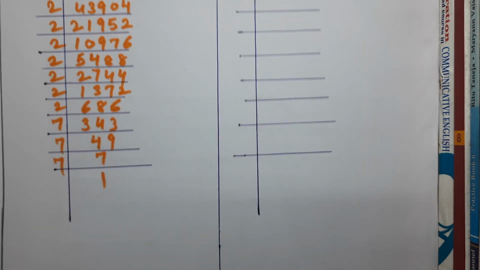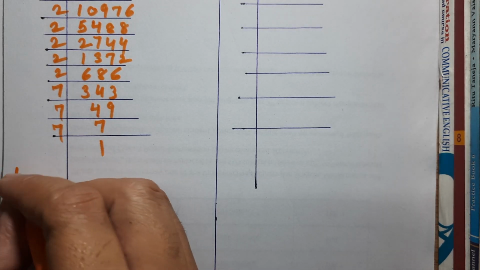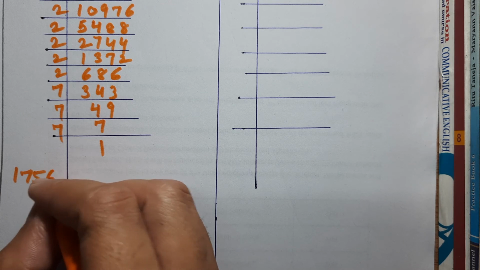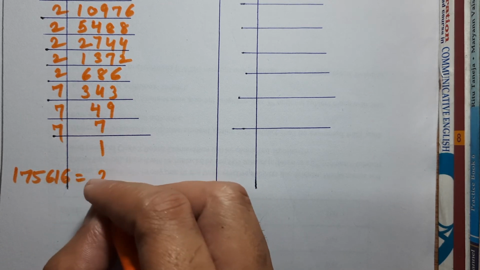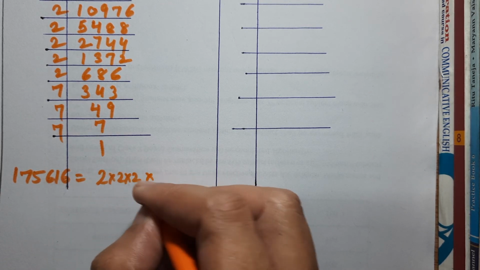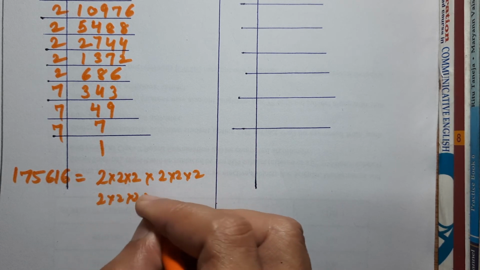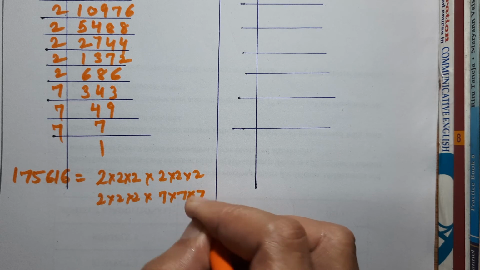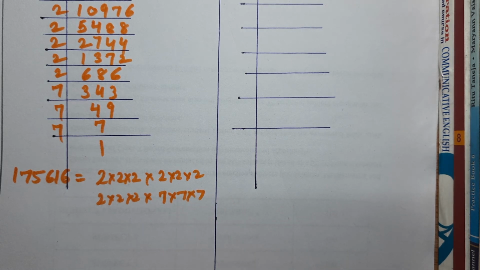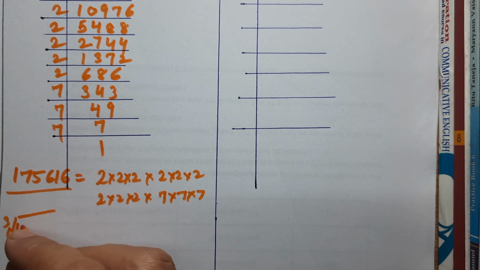So now we will write in terms of prime factors. 175,616 is equal to, make them into prime factors and write the values. Now find the cube root. So cube root of 175,616.